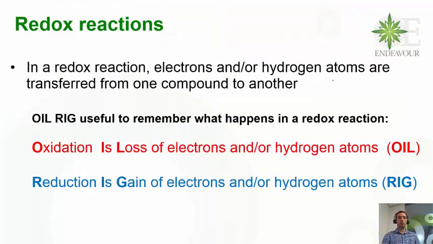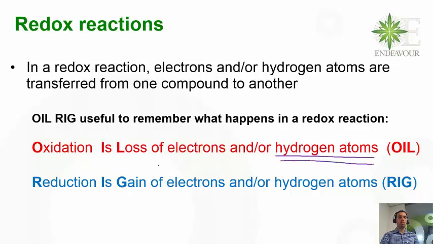So in the earlier lecture we saw this handy rule for remembering what oxidation and reduction actually mean. This OIL RIG can tell us what each one does. The OIL letters come out as oxidation is loss, and what we're losing is electrons and/or hydrogen atoms. So we're going to be focusing on the loss and gain of hydrogen atoms.